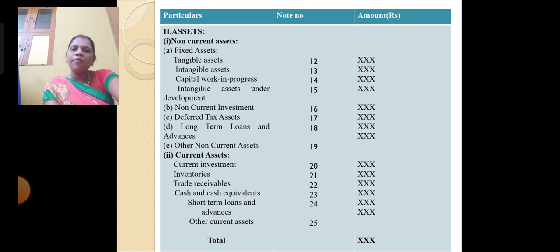Finally, we total the non-current asset and current asset. We get the total asset value. Finally, we have an equal amount of total liability and total asset.